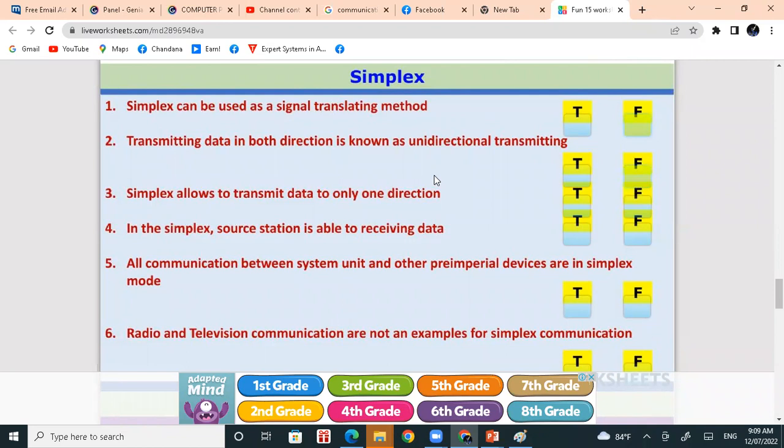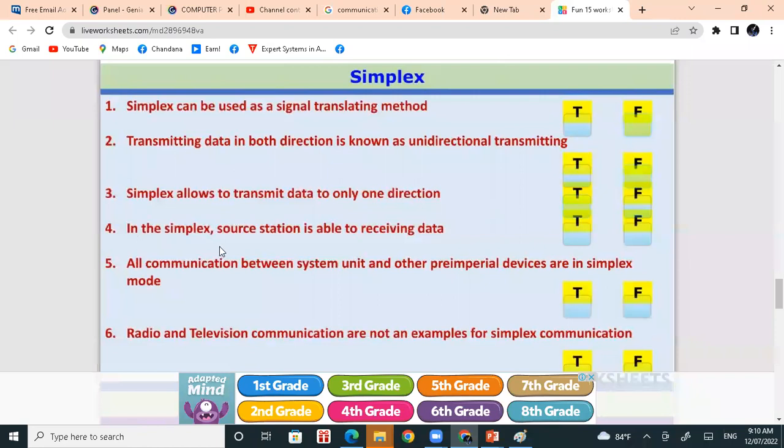Both directional means it may be semi or bidirectional, not uni. Therefore, the statement is false. Third one, simplex allows data to transmit in only one direction. True, sir. Yes, the correct answer is true.